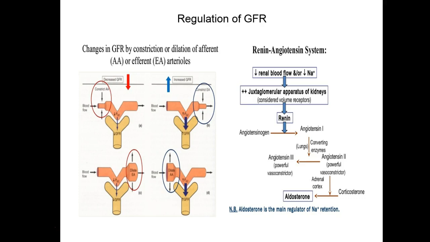So renin can turn angiotensinogen into angiotensin 1. It isn't ready to do its job yet. It needs to circulate to the lungs, where you have angiotensin converting enzymes, which we call ACE enzymes, that convert angiotensin 1 to angiotensin 2.